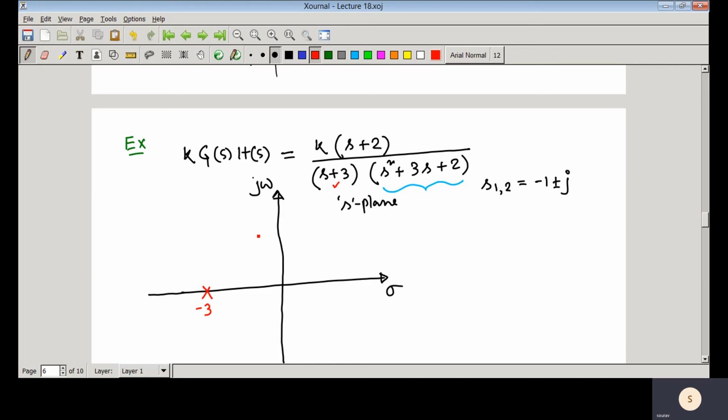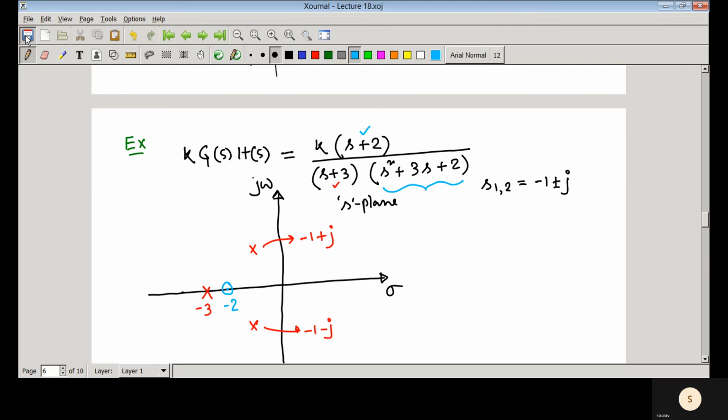So that means here you have minus 1 plus j, and here you have minus 1 minus j, and there is one zero at minus 2.